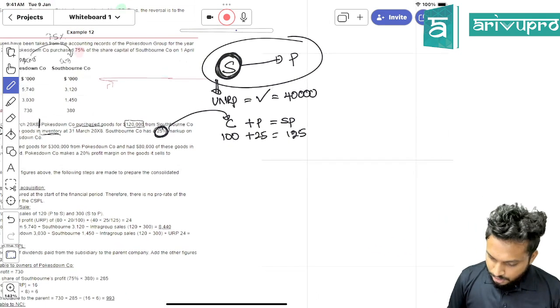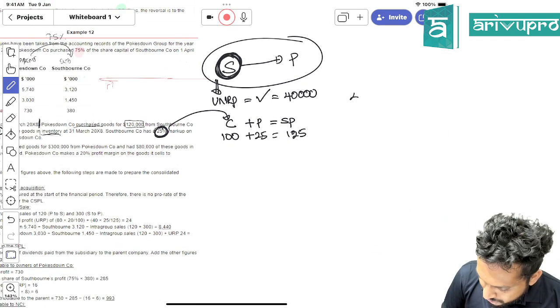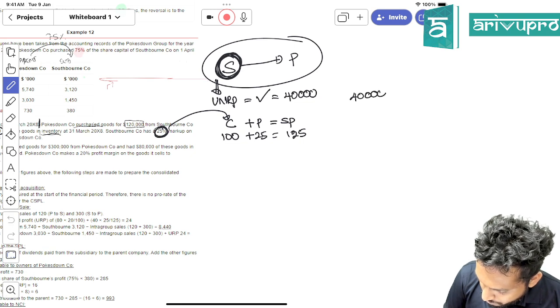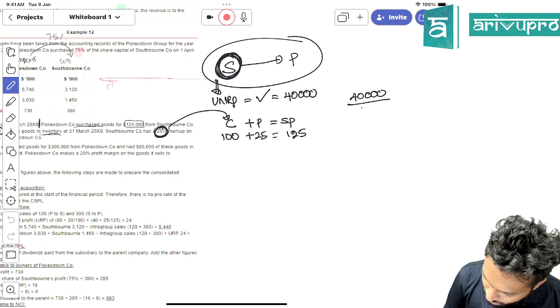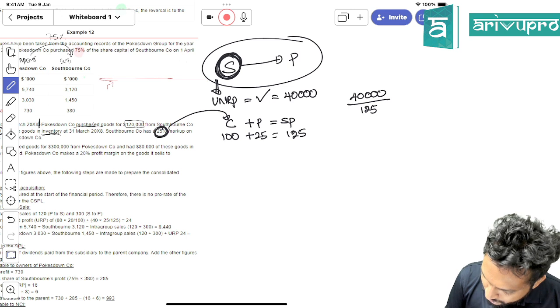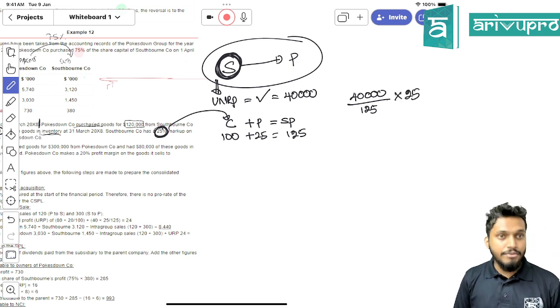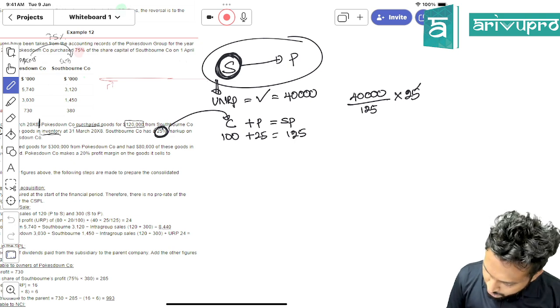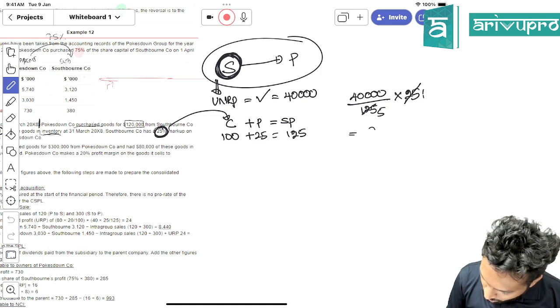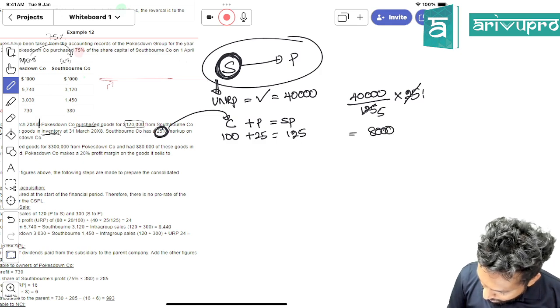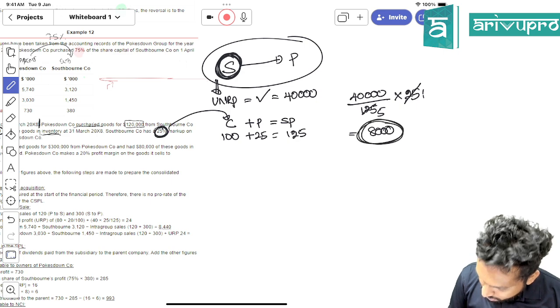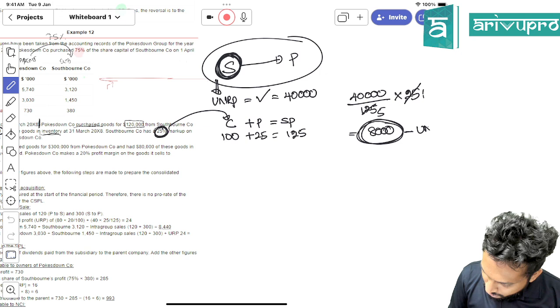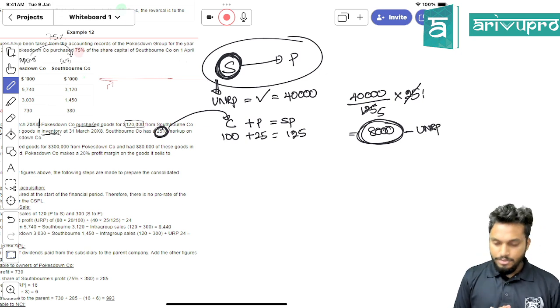So 40,000 worth of sales is divided by 125% multiplied by 25, because I need to get the profits, which is 8,000. So my unrealized profit is 8,000.